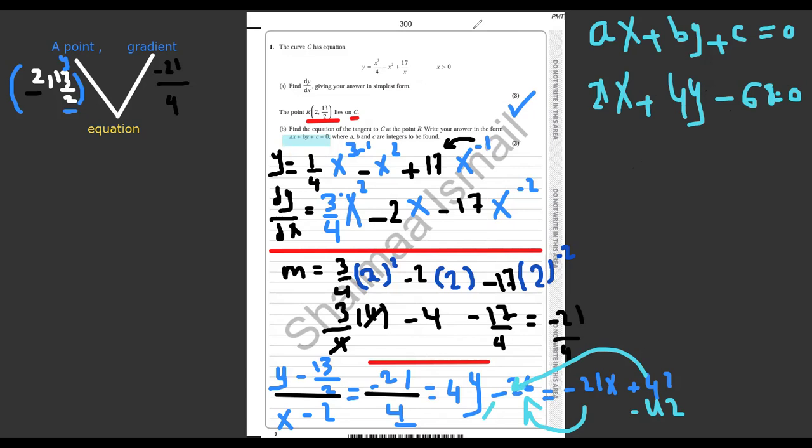And we already get the equation of the tangent in the form ax plus by plus c. Okay, let's see the next. Make sure that you solve all the question in one page. Okay, question number 2.